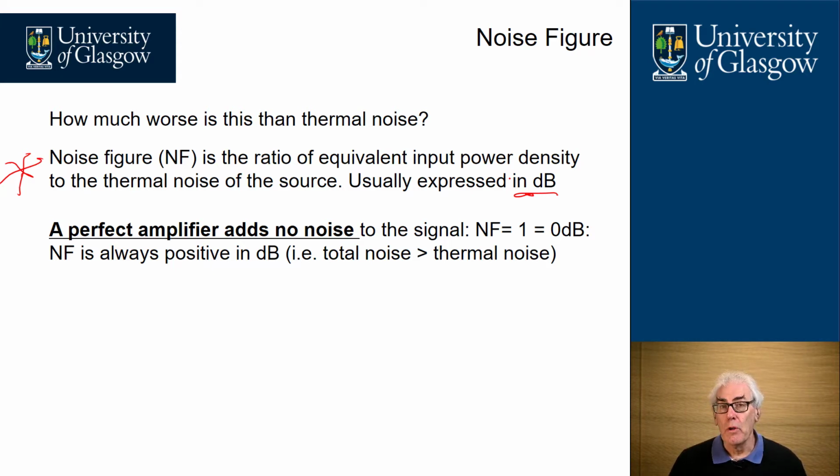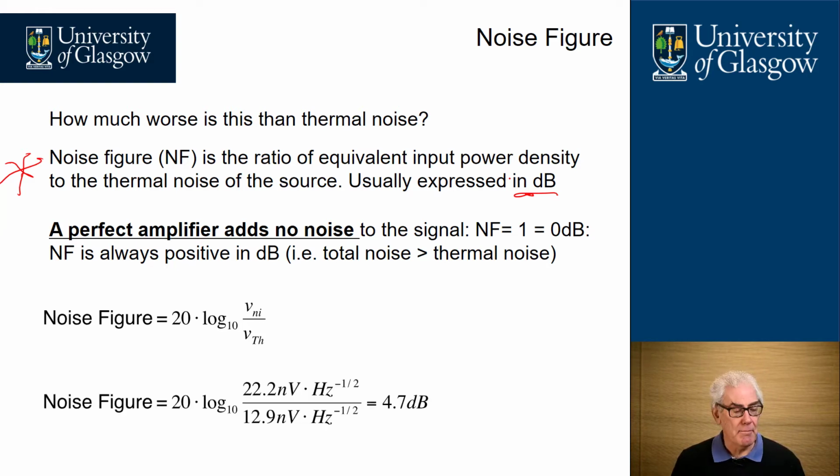But given that all amplifiers will add noise, the noise figure is always positive in dB, i.e. is always greater, and our equation for noise figure is 20 log the VNI, which is the total value of input referred noises, divided by the source noise, or the V Thevenin.